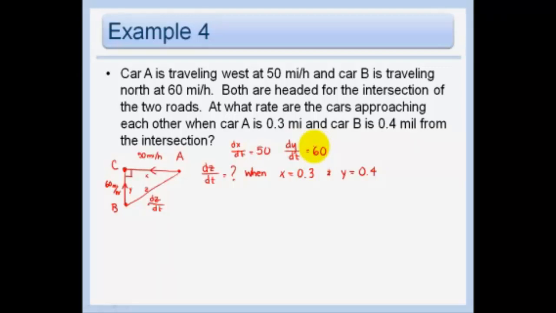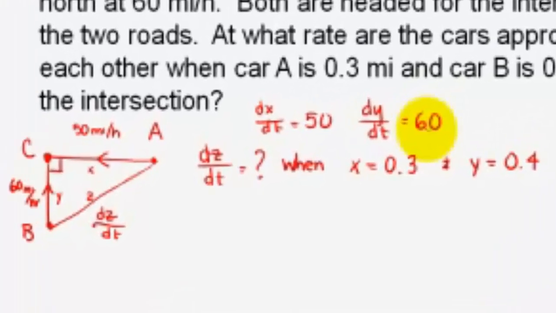Now, the only other thing that we need to do is figure out if this is a positive 50 or a negative 50, and the same with the 60 miles per hour. This is where people get confused because they want to know if north means positive or negative, south means positive or negative, and it's not like that. It depends on how our figure is drawn.